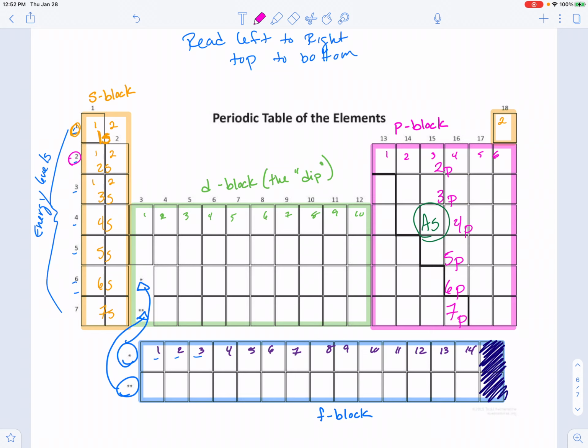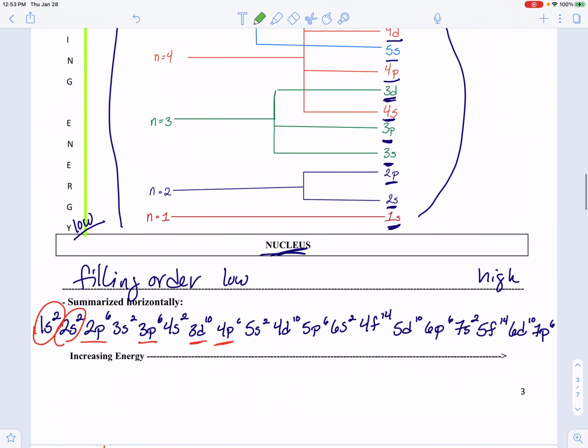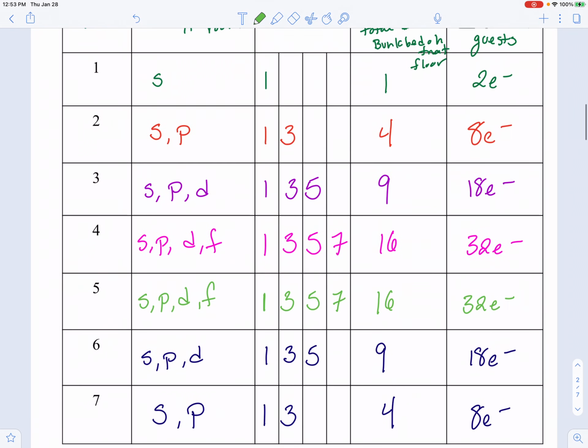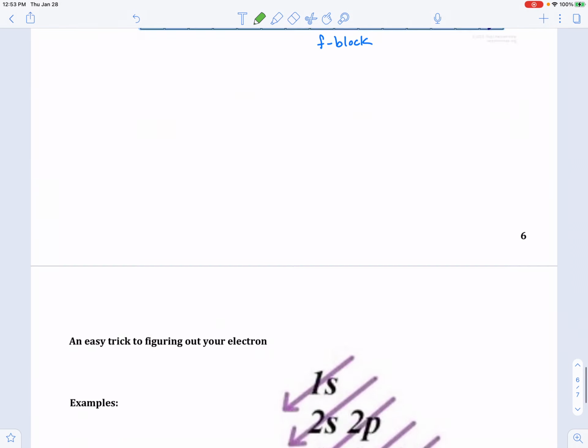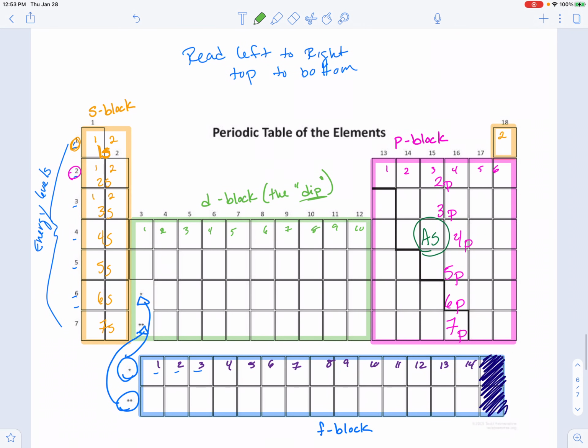Okay, so this part gets a little bit weird. Our dip or our D block is off by 1, and if you look at your notes from before, you'll notice that the D block starts on the 3rd energy level. So for our D block, this is going to start at 3D. I know we're at 4S, but our D block starts at the 3rd energy level, so we're going to call this 3D.